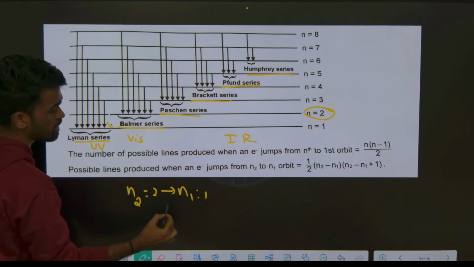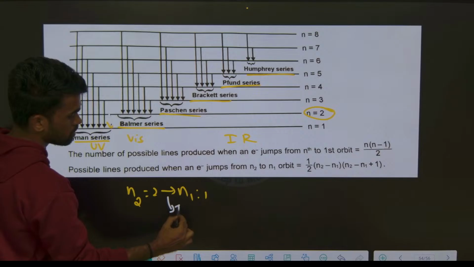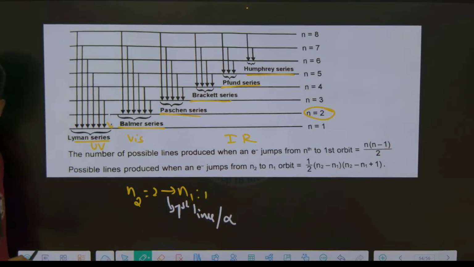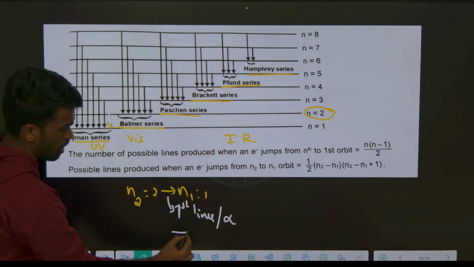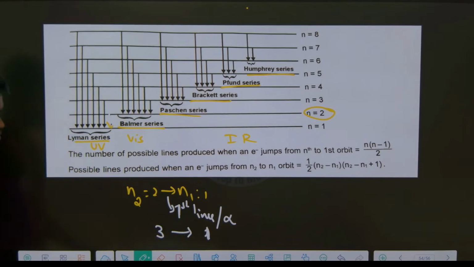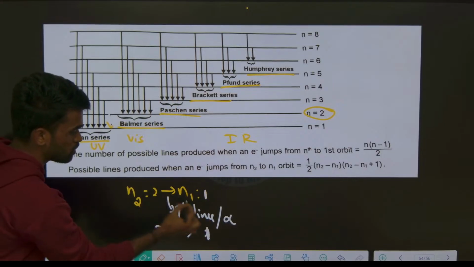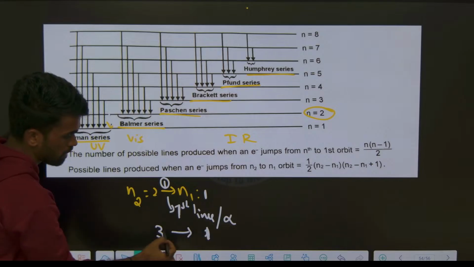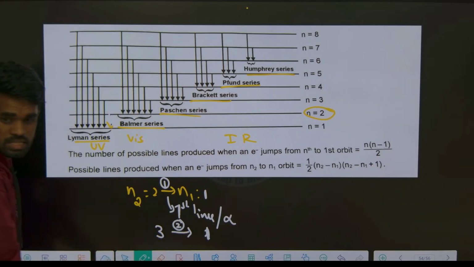So this is the first line of the Lyman series, also called the H alpha line of the Lyman series. And what is the second line of the Lyman series? 3 to 1. This one is fixed from here. So this will be the second line.